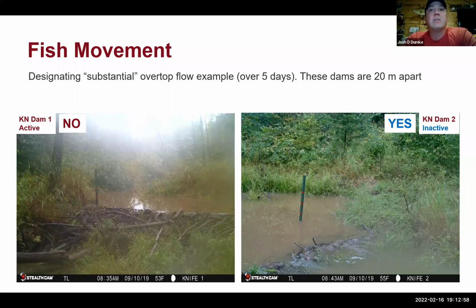When they did that, they flooded the dam upstream, Knife River Dam 2, and they gave up on building that one anymore. They just left it as a muddy berm and let the pond basically start covering it up. So that dam flipped from an active status to an inactive status, and it is experiencing substantial overtopping flows now. Next.